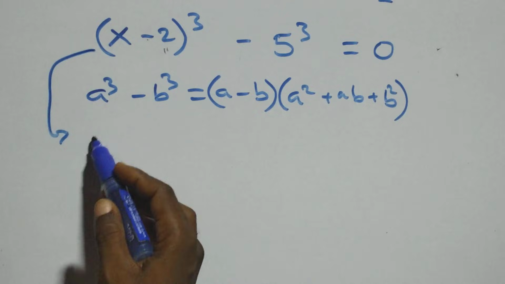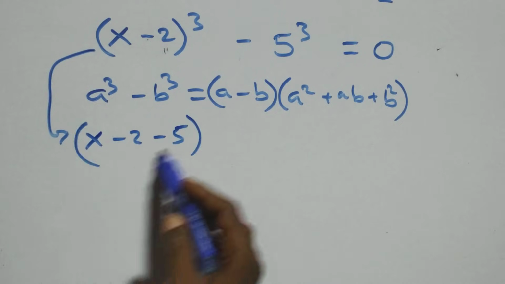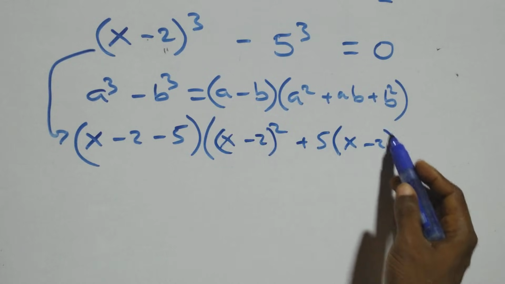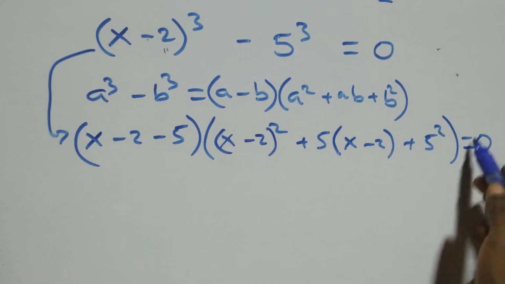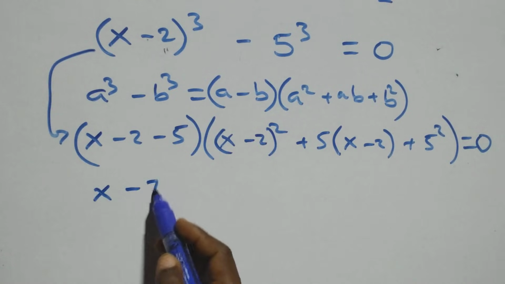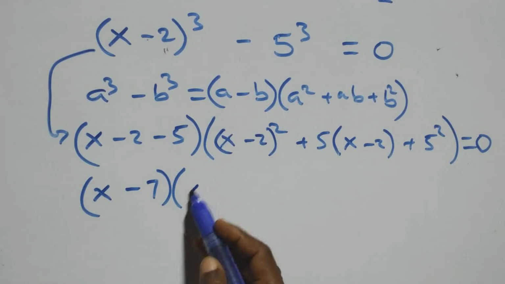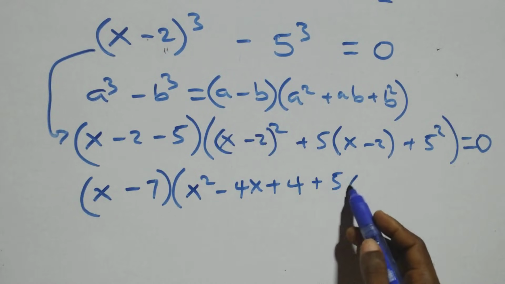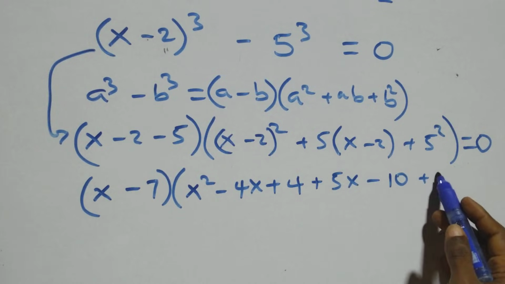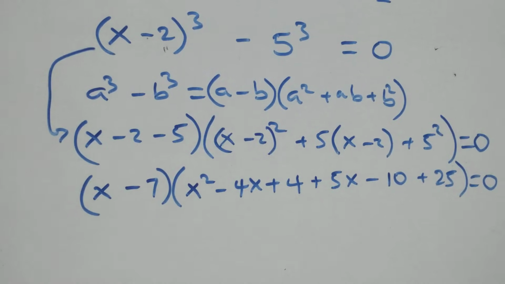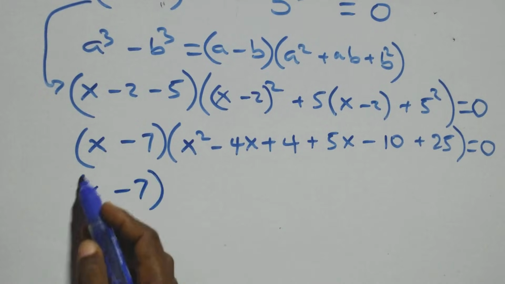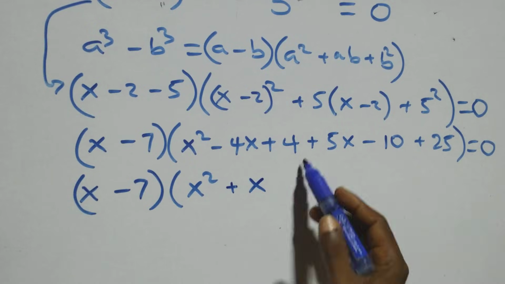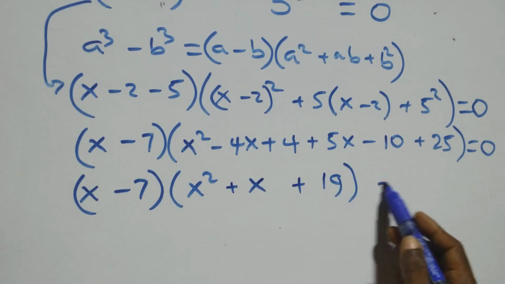Here we have (x minus 2 minus 5) times ((x minus 2) whole square plus 5 times (x minus 2) plus 5 square) equals 0. This gives (x minus 7) times (x square minus 4x plus 4, then plus 5x minus 10, then plus 25) equals 0. Then (x minus 7) times (x squared, minus 4x plus 5x is plus x, 25 minus 10 is 15, plus 4 is 19) equals 0.